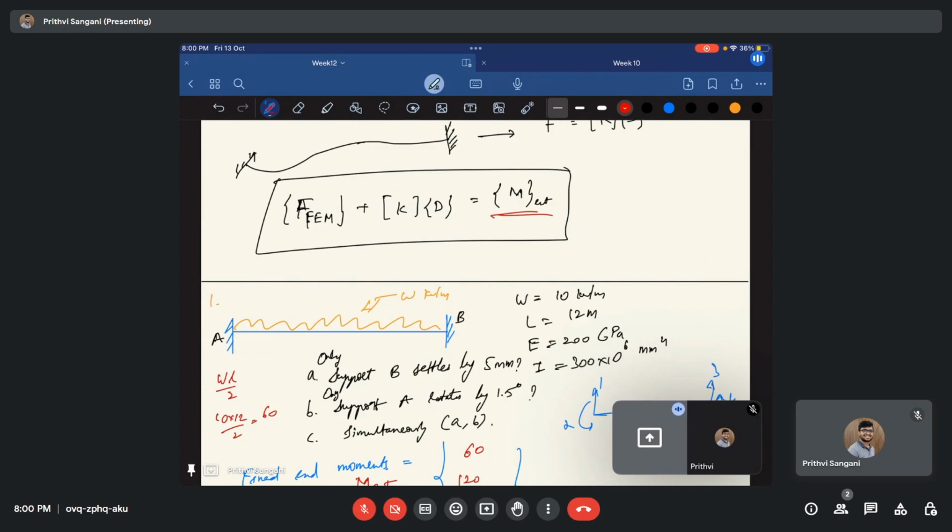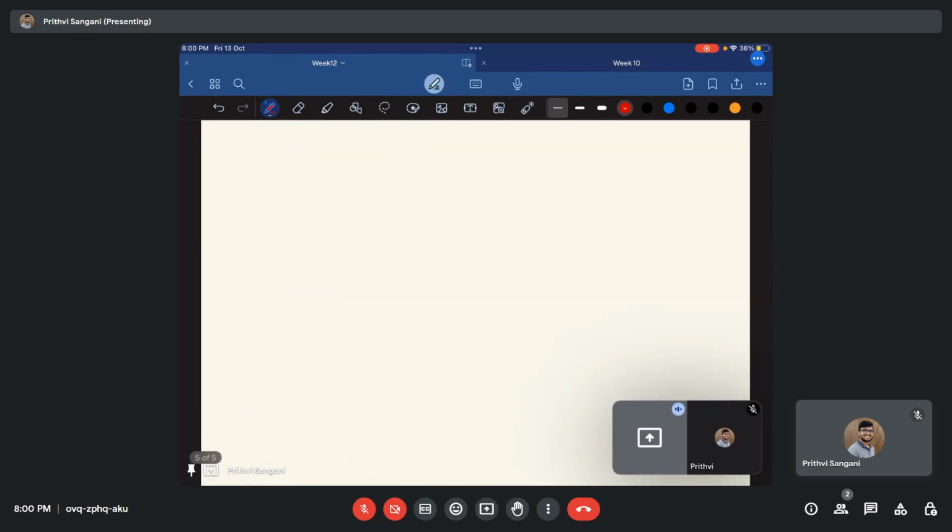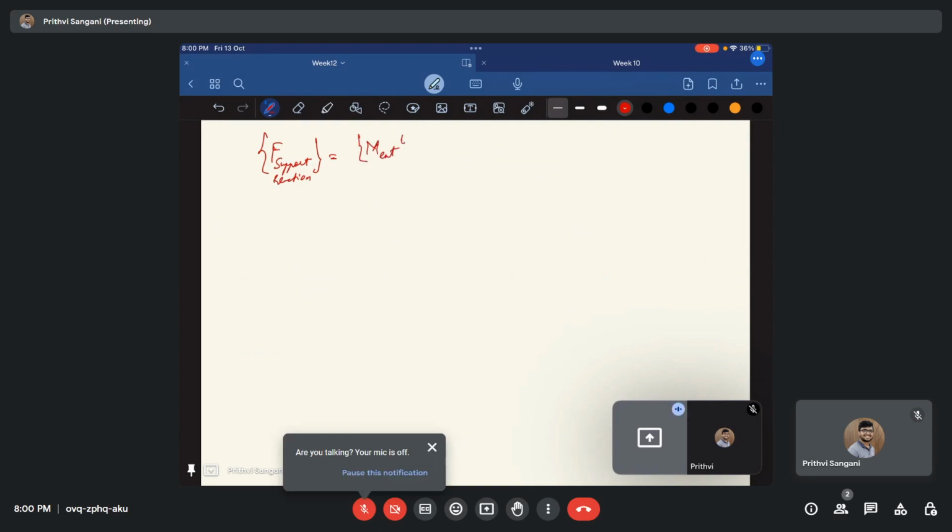Now the support reactions, let me call them support reactions again because we get confused here, are nothing but M external minus K times D. For the beam member we already derived the stiffness matrix.